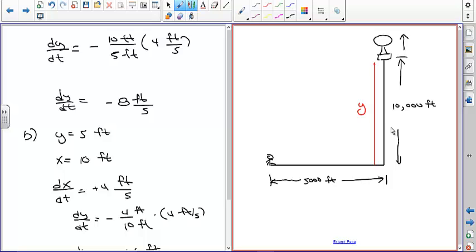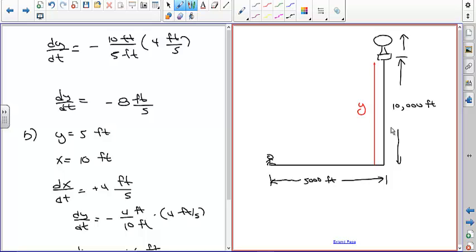So let me ask somebody a question here. If I use the y as the vertical distance between the ground and the balloon, its elevation, Lexi, is the velocity in the calculation going to be positive or negative 15 feet per second? Positive because it's going up.